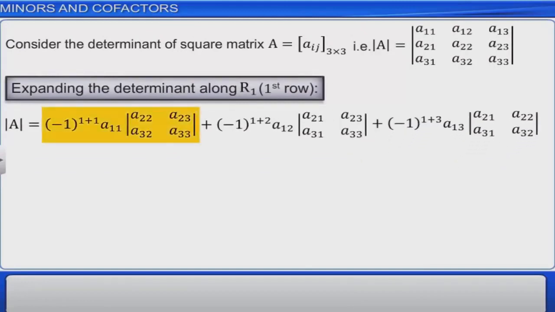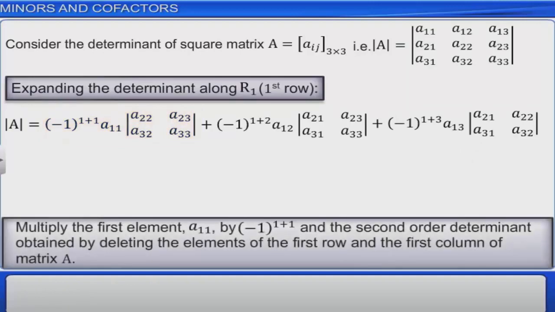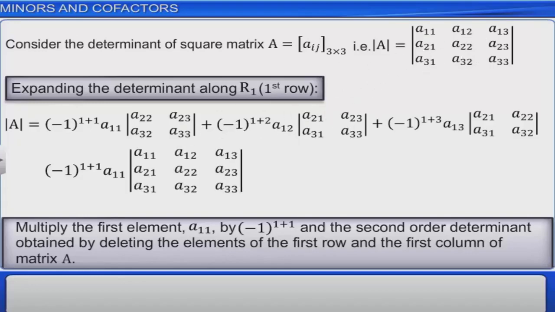Observe the first term of the right-hand side of the expression. It is obtained by multiplying the first element, A11, of the first row by -1, whole raised to the power of 1 plus 1, where 1 plus 1 is the sum of the suffixes of A11, and the second-order determinant obtained by deleting the elements of the first row and the first column of matrix A.